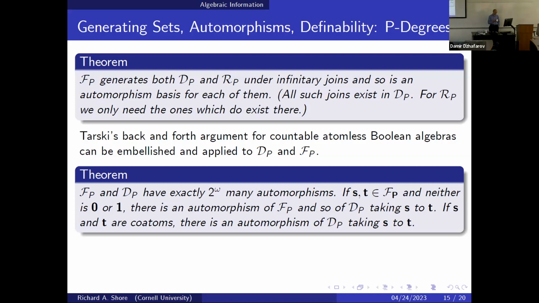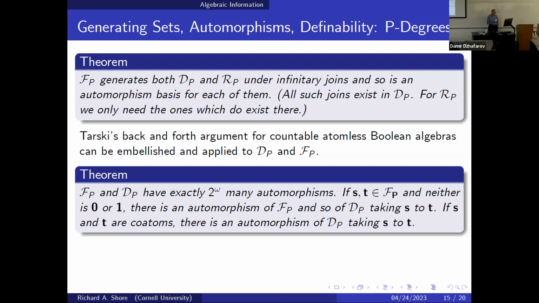And you can prove that if you take two finitely axiomatizable theories, there's not 0 or 1, of course, you can't move them. But if you take two non-trivial axiomatizable theories, there's an automorphism of the axiomatizable theories which takes one to the other. That's basically no change from the original proof.